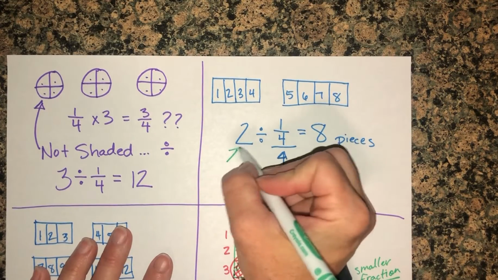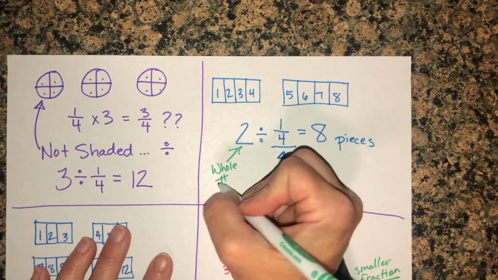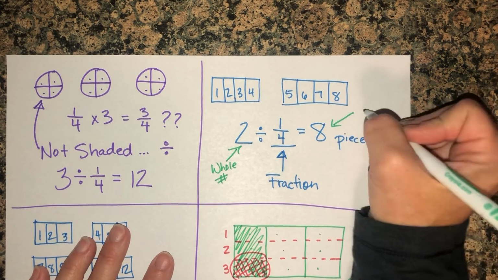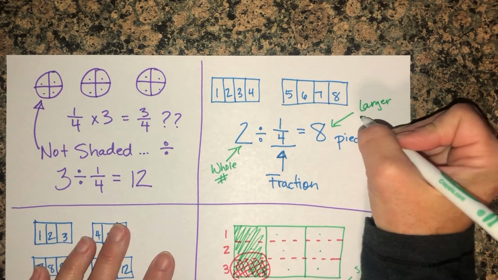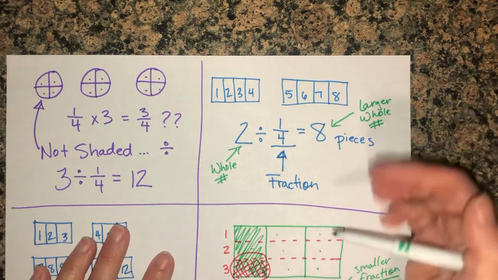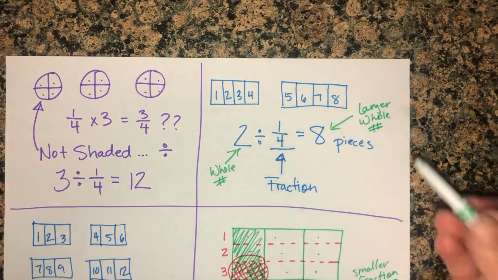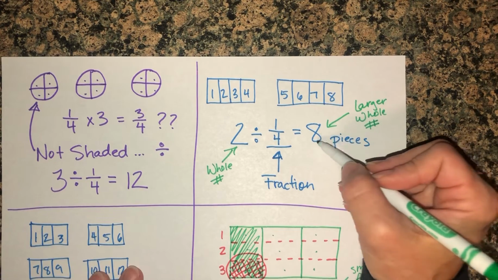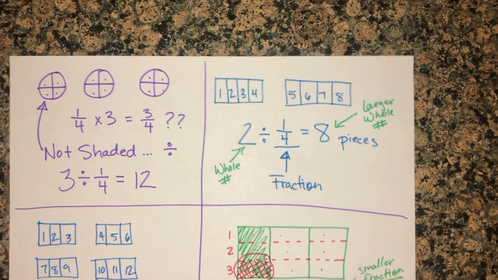If you start with a whole number, your answer is going to be a larger whole number. Because you took something whole and you split them up into tiny pieces. You have a pile of pieces. You're always going to end up with more pieces than what you started with because you cut them all up.